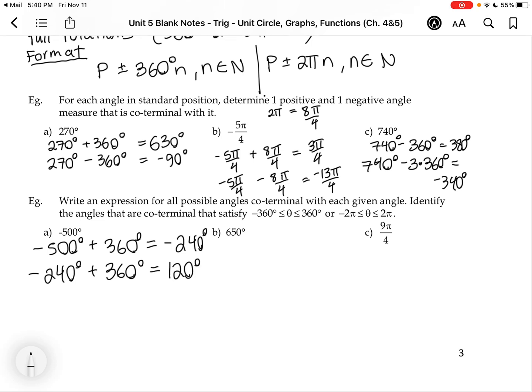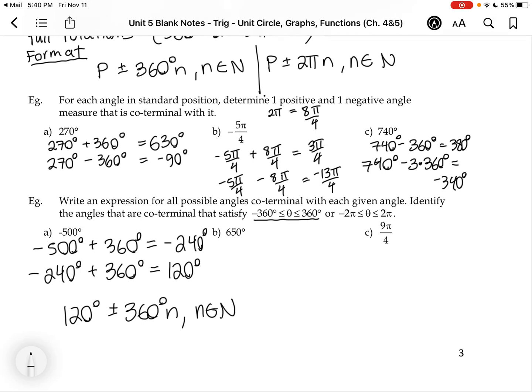And that gets me to 120 degrees. Now, if I added it again, I would be outside of this domain. So I'm going to stop here. But the general form would be 120 degrees plus or minus 360 degrees times n, where n is an element of the natural numbers.